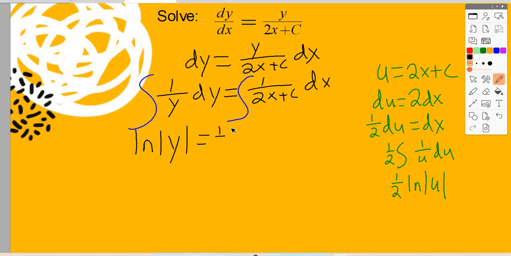So I still have 1/2 times the natural log of the absolute value, and I'm just going to plug my u back in. But be careful because this c came from my original equation. It is not my integration constant, so I have to add another constant. You could label that as c sub 2. I tend to use k because I don't want subscripts in there.